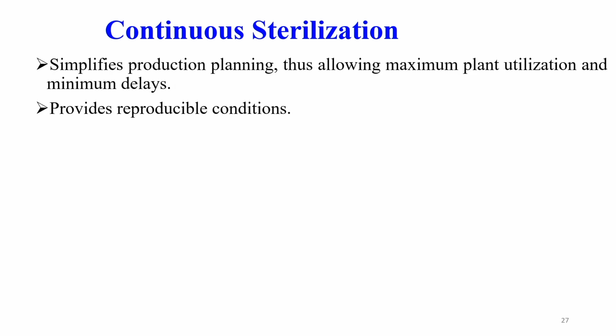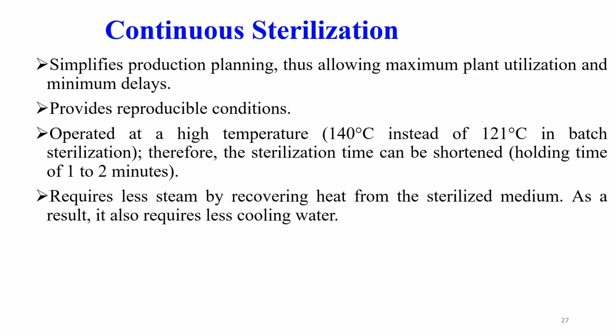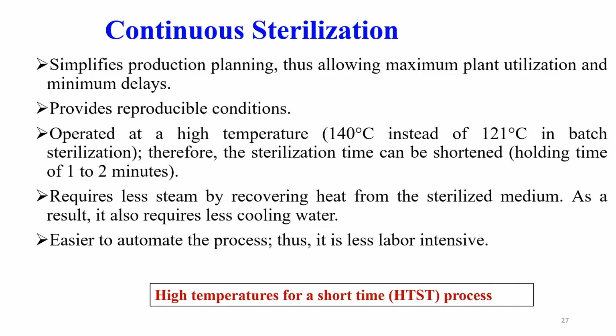So, here we will be mostly focusing on thermal sterilization, this high temperature and short time process. It simplifies the production planning, allows maximum plant utilization with minimum delay, and provides reproducible conditions because this is a continuous process.